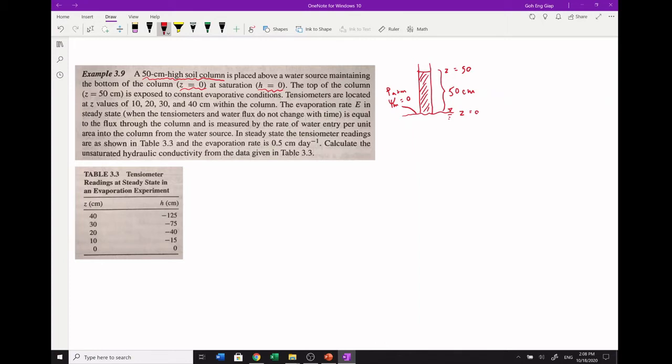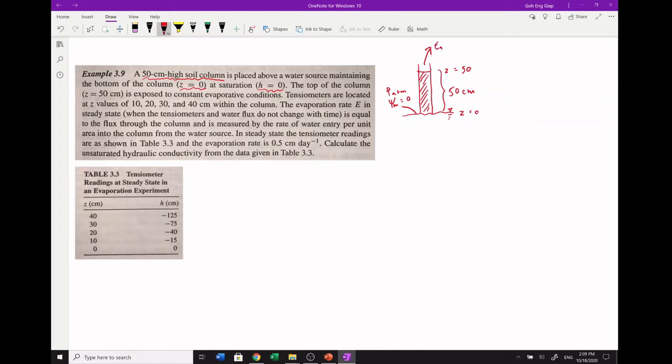Okay, so the top of the column, Z50, is exposed to constant evaporative condition. So the water is allowed to evaporate out, and it's a constant evaporation.